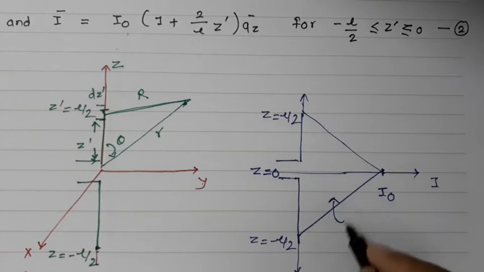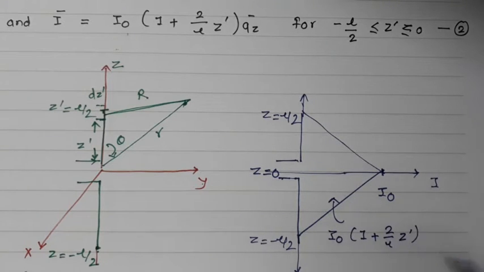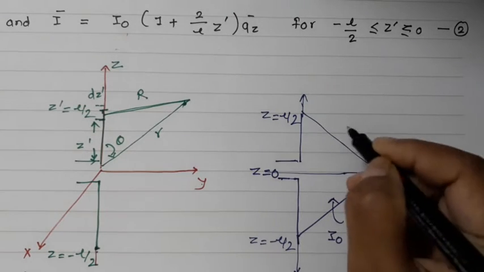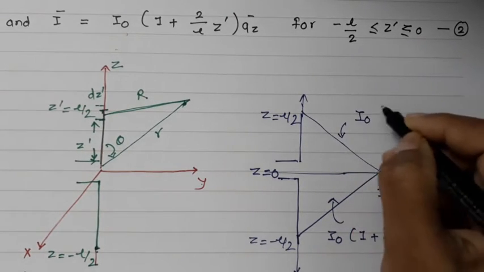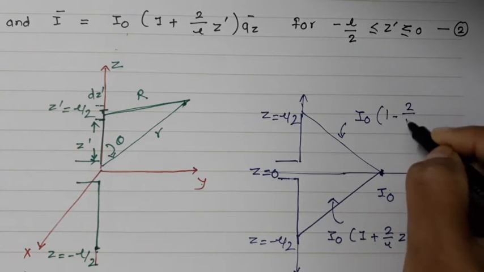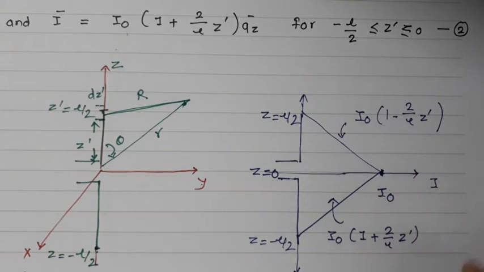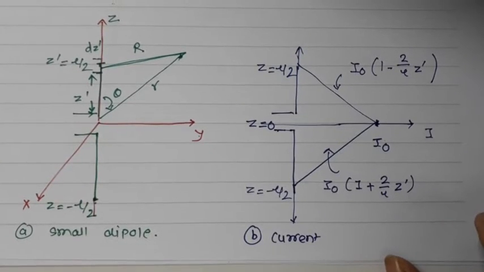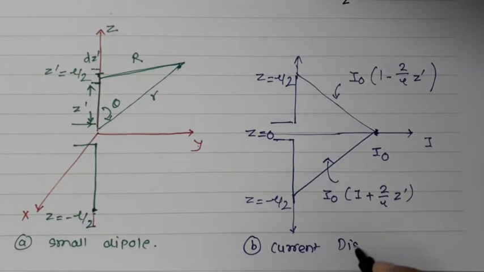This distribution will be I0 (1 plus 2 by L Z dash) on one side. Maximum will be at the center, and again on the other side it is I0 (1 minus 2 by L Z dash). This is the meaning we have seen in the previous expression. So this is nothing but the current distribution on a small dipole.